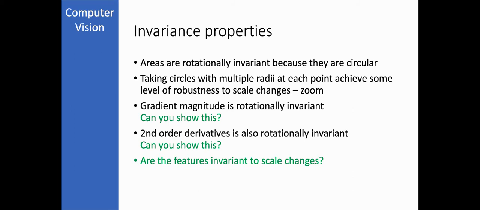Can you actually show that it's rotation invariant? Likewise, the second-order derivative is also rotation invariant, and maybe you can try to show it as well. So one question is, while the features that you extract are rotation invariant, and the areas that you extract are rotation and to some extent scale invariant, are these features, the gradient magnitude and the second-order derivatives, invariant to scale changes as well? I will leave that question to you.